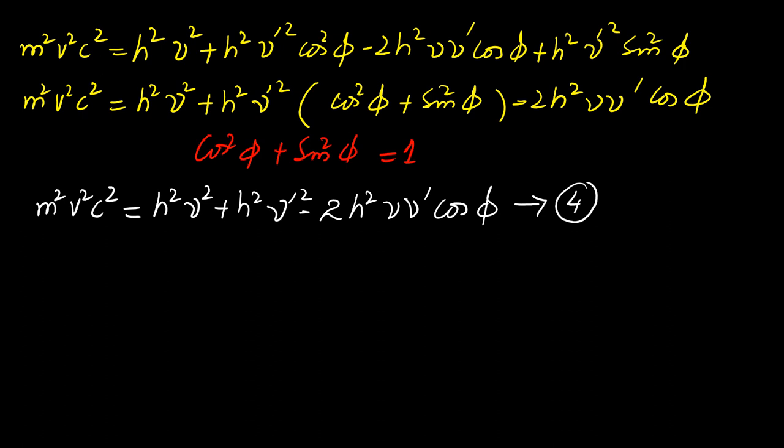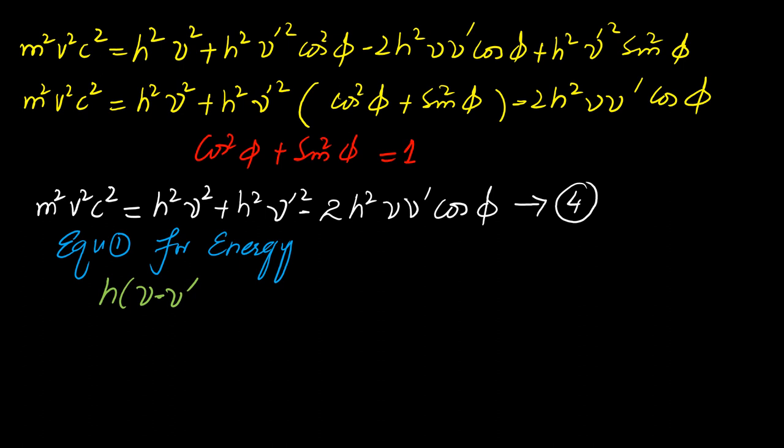Now students, since we know the equation for energy, equation 1, let me rewrite. Equation number 1 for energy is h into nu minus nu dash is equal to mc square minus m naught c square.